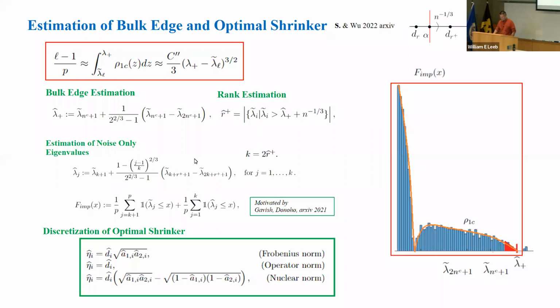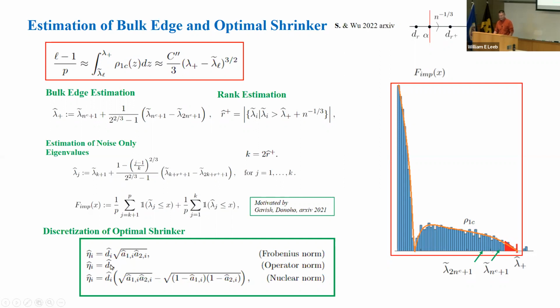I remember I already changed the slide here, but I don't know why it's overlapping. I changed it because the operator norm in the previous paper is wrong, and with Professor William we have another, correct estimator of the optimal shrinker for the operator norm.